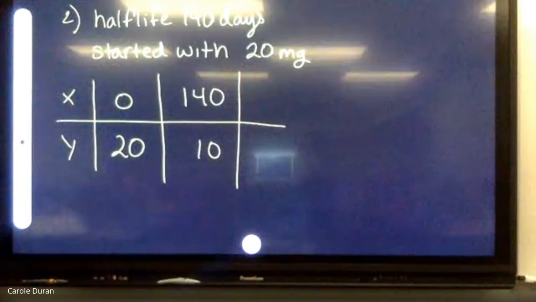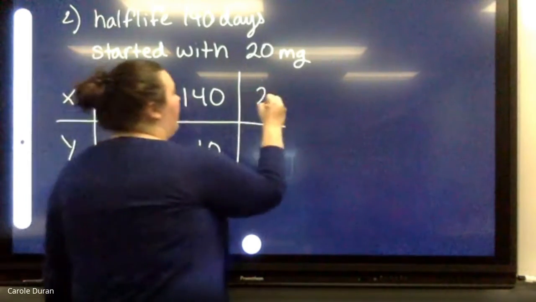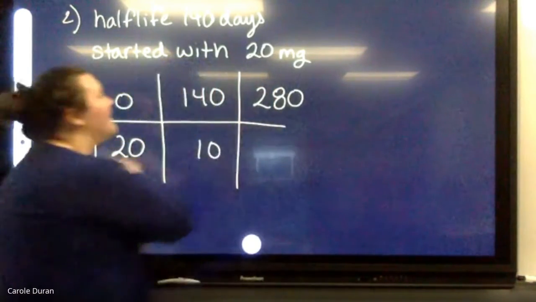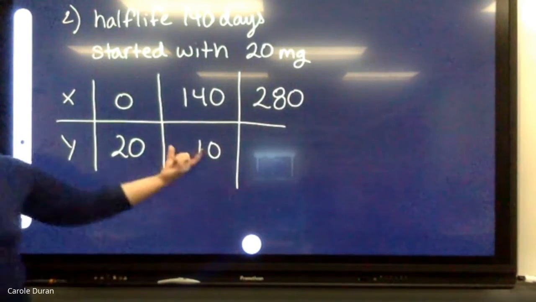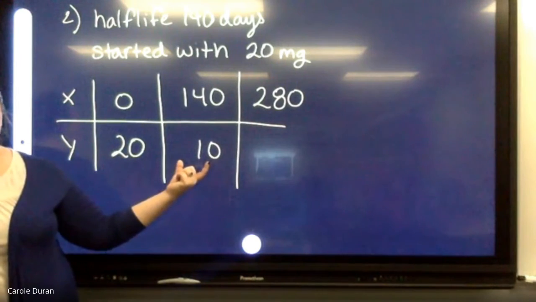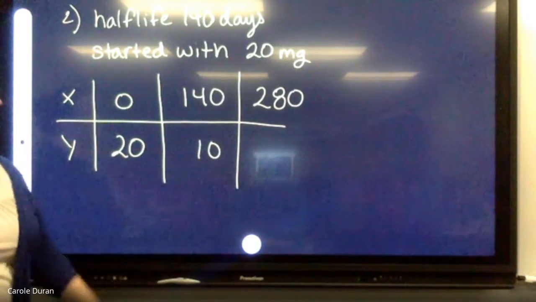Again, I don't know what's happening on day 141 or 142 or 143 or even 160. But I do know what's happening on day 280, right? Because that's 140 days past the last X value that I found. Which means that the amount of polonium I had at day 140 is now half on day 280, sorry.